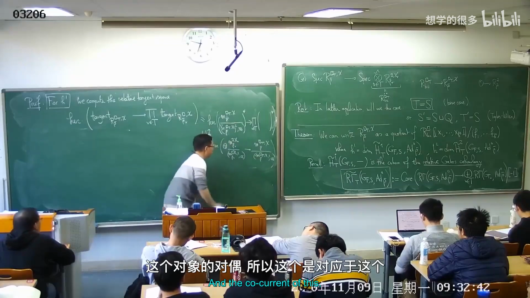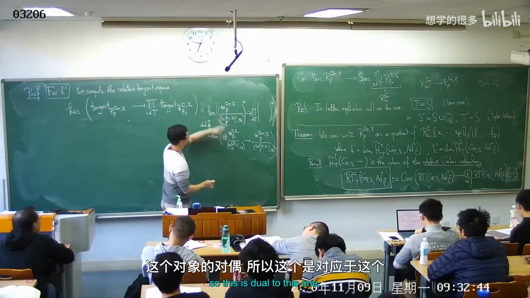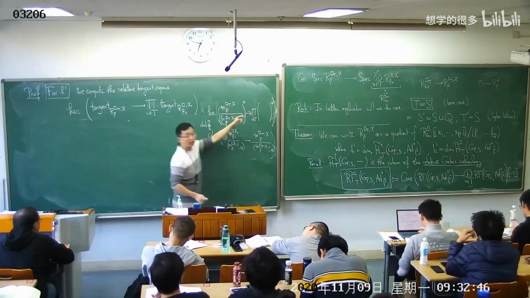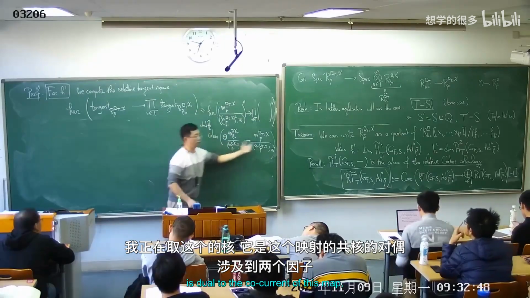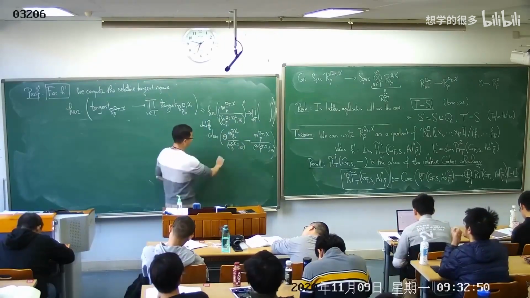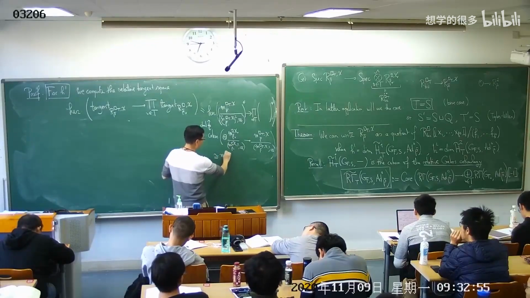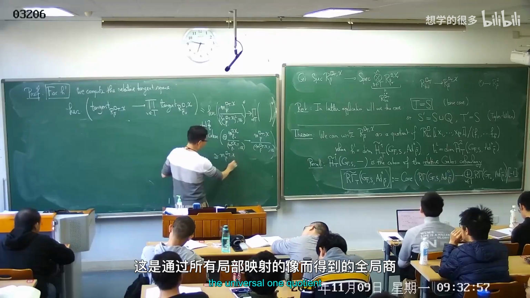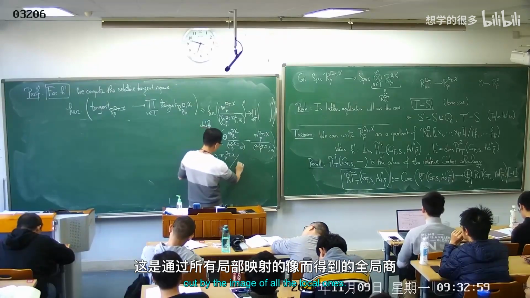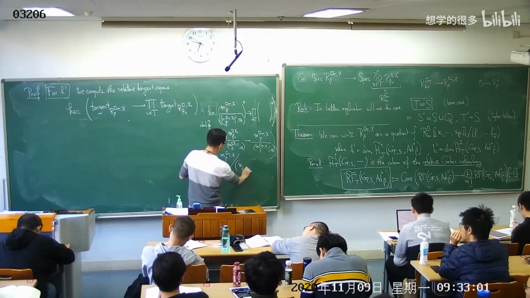Right? And the co-kernel of this, so this is dual to this one, because I'm taking the dual here. The kernel of this one is dual to the co-kernel of this map, swapping two factors. And if you write down what co-kernel means, it's basically the universal one modulo the image of all the local ones.